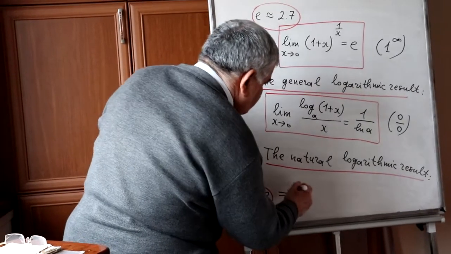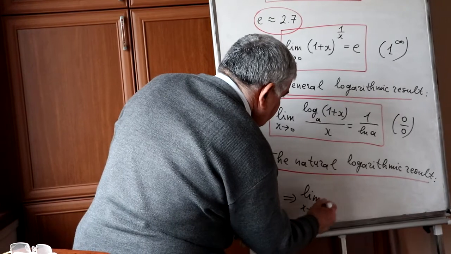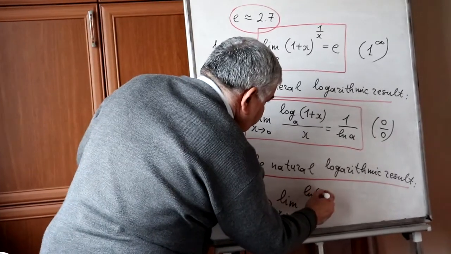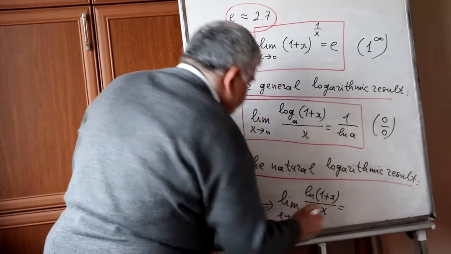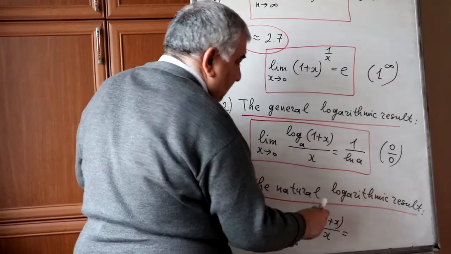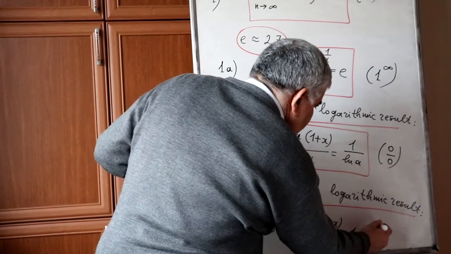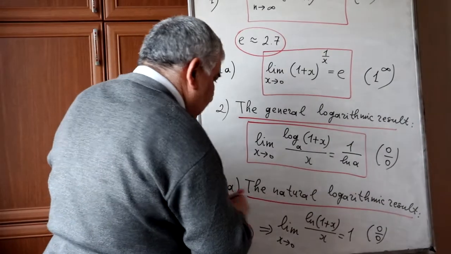Then limit when x tends to 0 of natural logarithm of 1 plus x over x equals natural logarithm of e, which is unit, divided by unit is unit. And it is also 0 over 0. It is the natural logarithmic result.